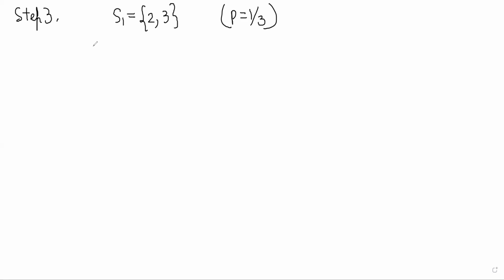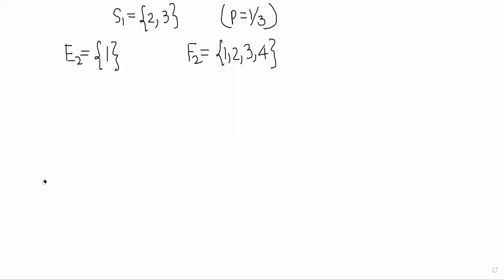If S1 is 2, 3, then E2 is equal to 1 and F2 is equal to 1, 2, 3, 4, right? This is step 2, right? And this is branch 3 actually. I should not write step 3 here. This is the third branch of my tree diagram. Branch 3, and F2 is this. This is step 2 of it.